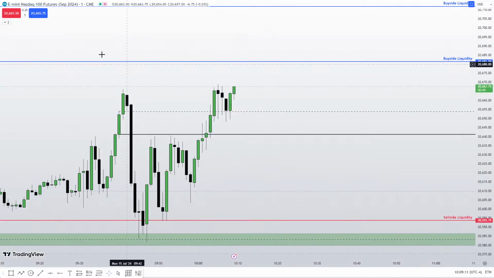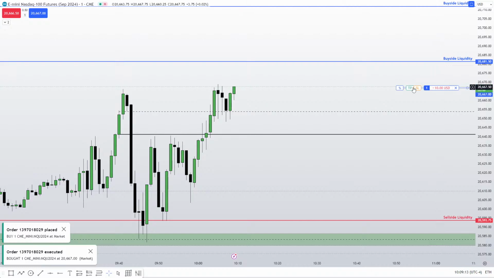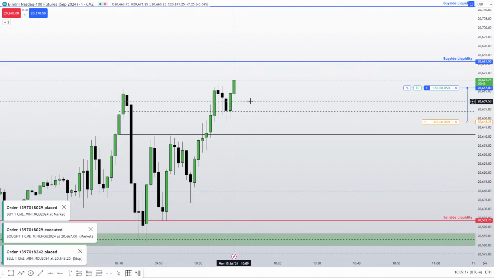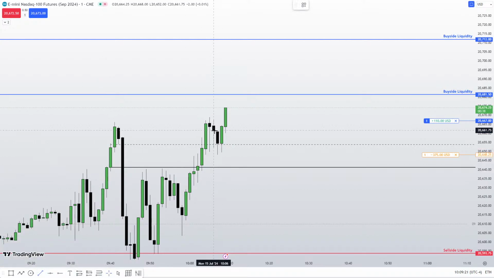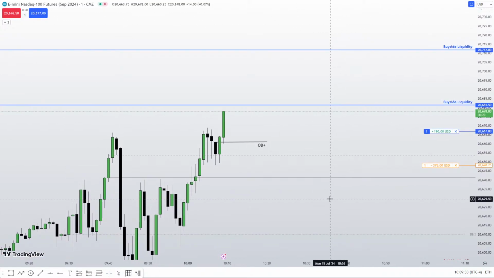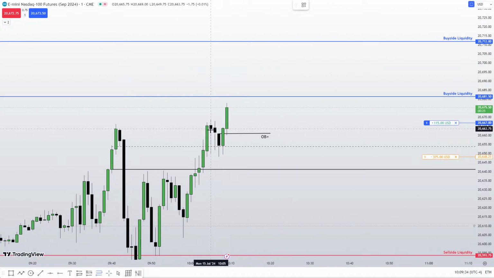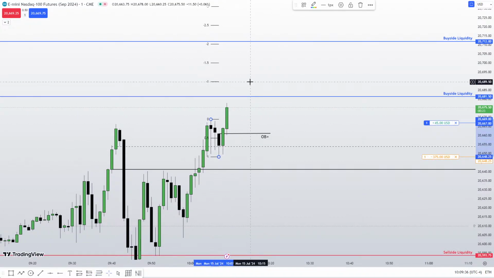Okay, I'm going to press my button here. Stop will be below this order block. This down close candle is the order block for me. Where can I hold the trade? -1.